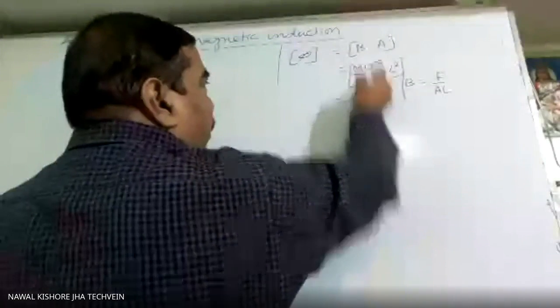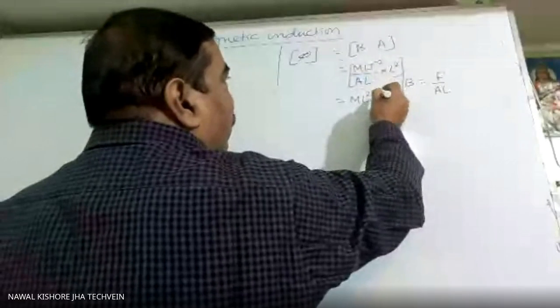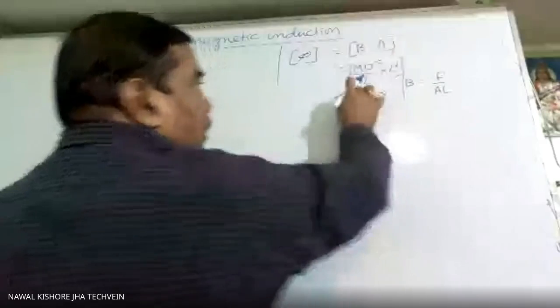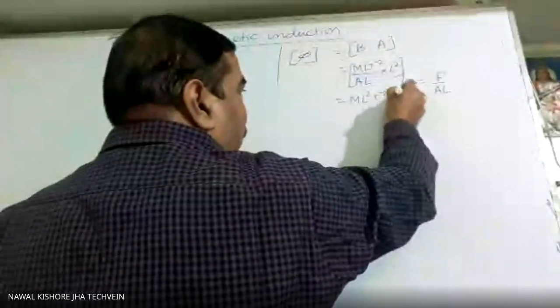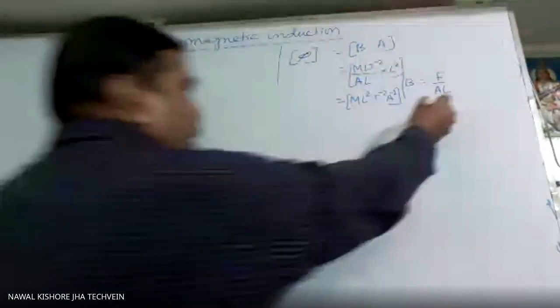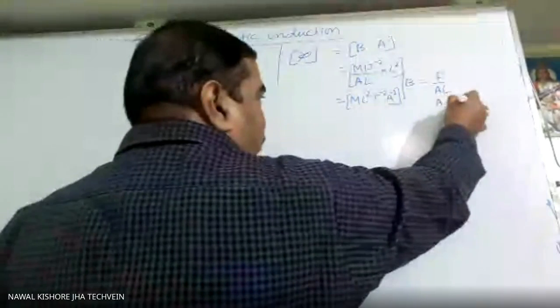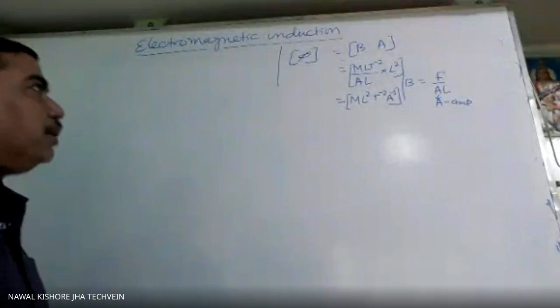M L squared T minus 2 upon A, so the dimension of B into area is ML squared T minus 2 A minus 1. Here A is ampere, not area. Current element is pole strength, ampere into length. So this way you can find it.